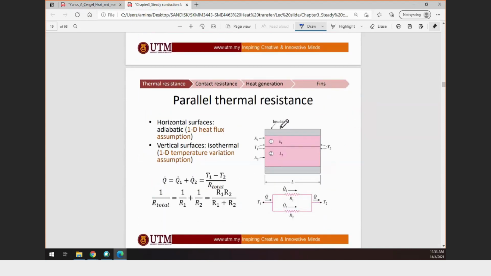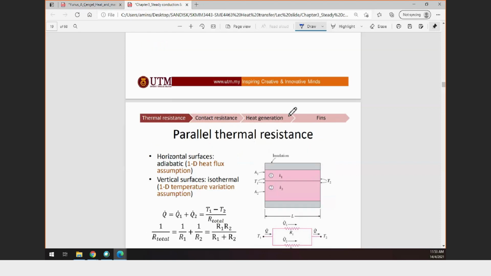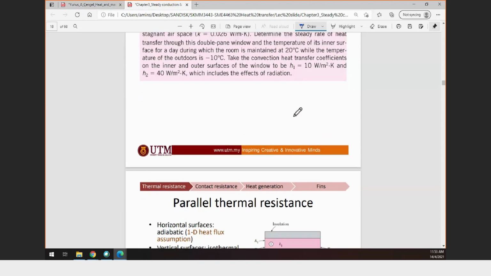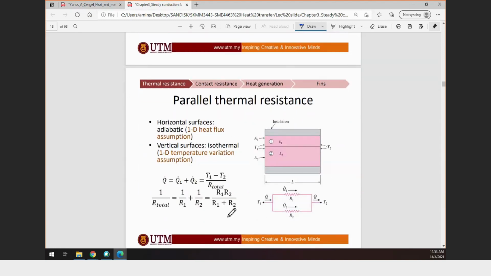If you look at the example just now, it is basically a simple multiple layer arranged in series. What happens if this is arranged in a vertical position? Originally it is arranged in series. What happens if this is arranged in parallel?